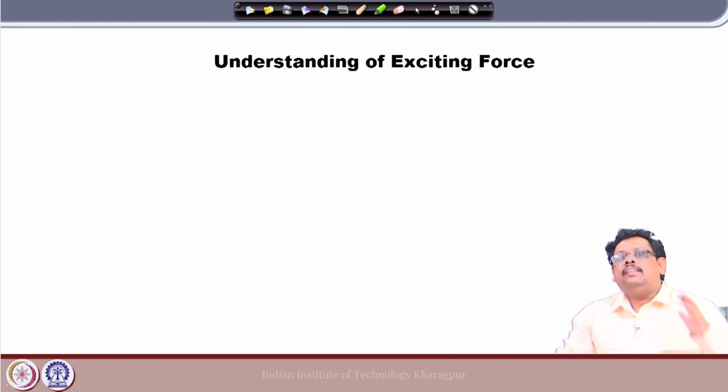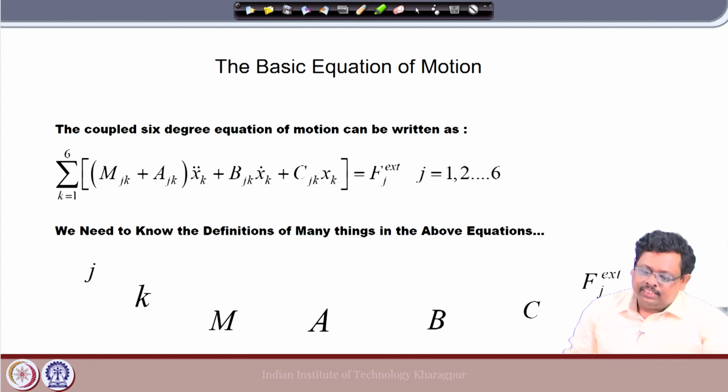Now, the concept of the exciting force we are not going to discuss today; this is a complex phenomenon, and we will study the exciting force later. Let us come back to this slide. Here, in this section, we can at least discuss almost everything: we can discuss the J, the K, the M, the A, B, C, but there are three things we did not discuss.